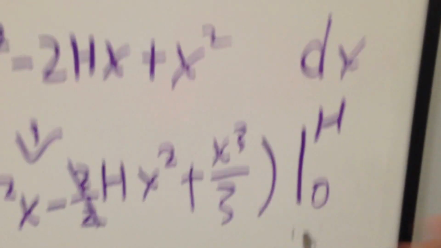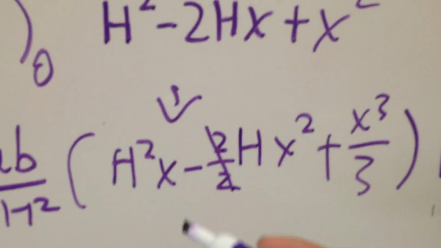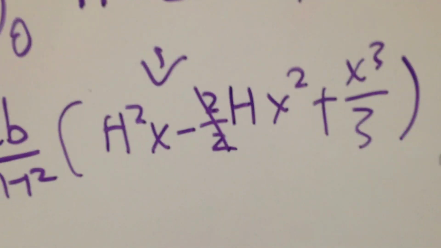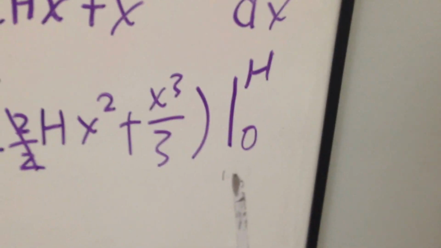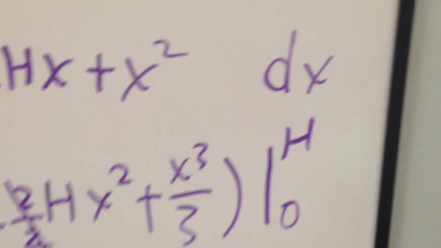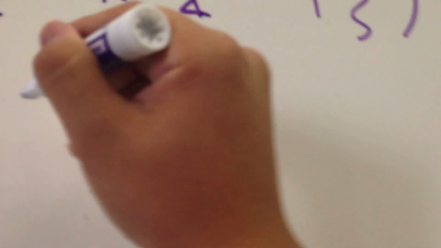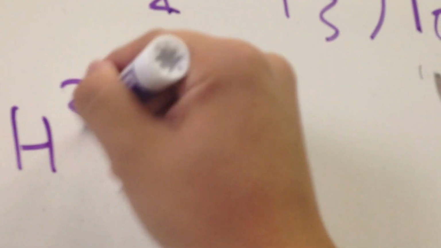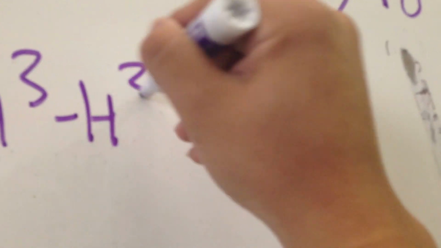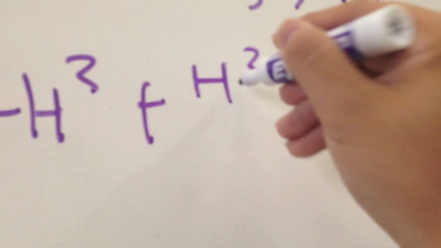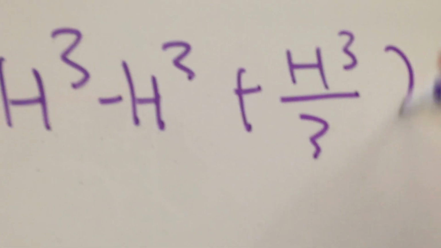And we know if we plug in 0 into this equation, it's just gonna be 0 minus 0 plus 0, which is just 0. We don't have to do it. And we just plug in h. Now, if you plug in h for this equation right here, you will have h to the third minus h to the third plus h to the third over 3.